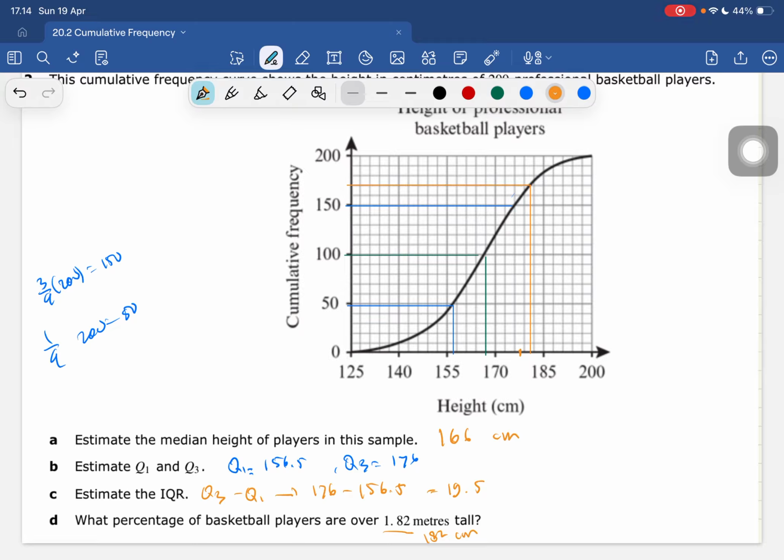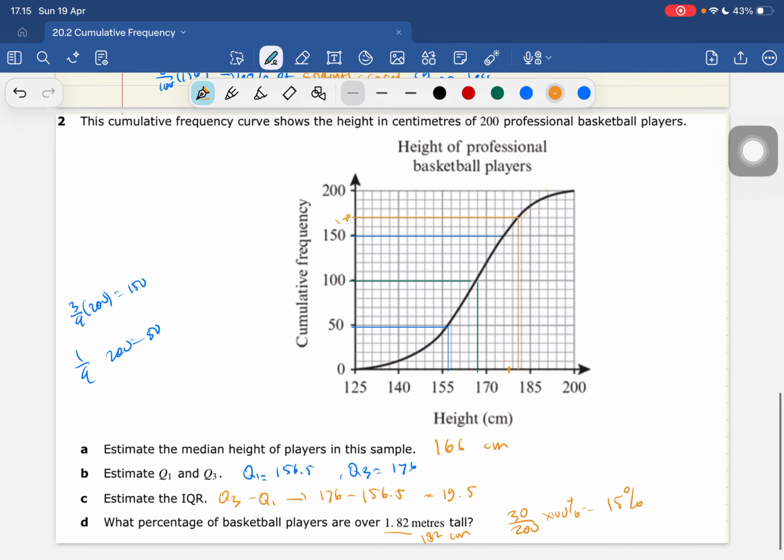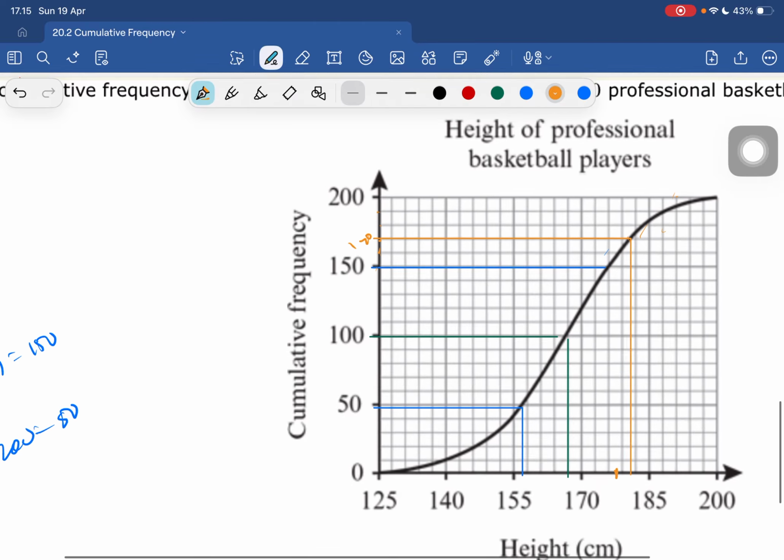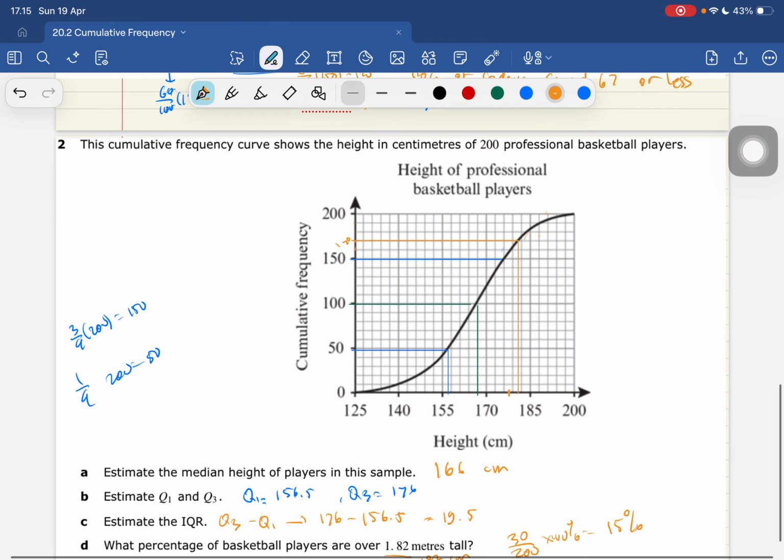So on 170 to 200 is 30, only 30 people. So 30 people out of 200. We can multiply by percentage, so 30 divided by 200 times 100% gives 15%. That is it. Thank you.